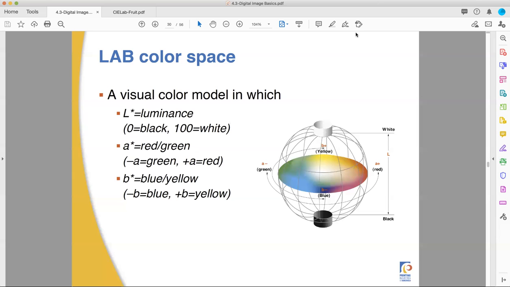So A is how red or green it is, and B is how blue or yellow it is. If this looks kind of like a sphere, a globe, that's kind of the idea. This is a three-dimensional graph mapping out where colors are in relation to each other.